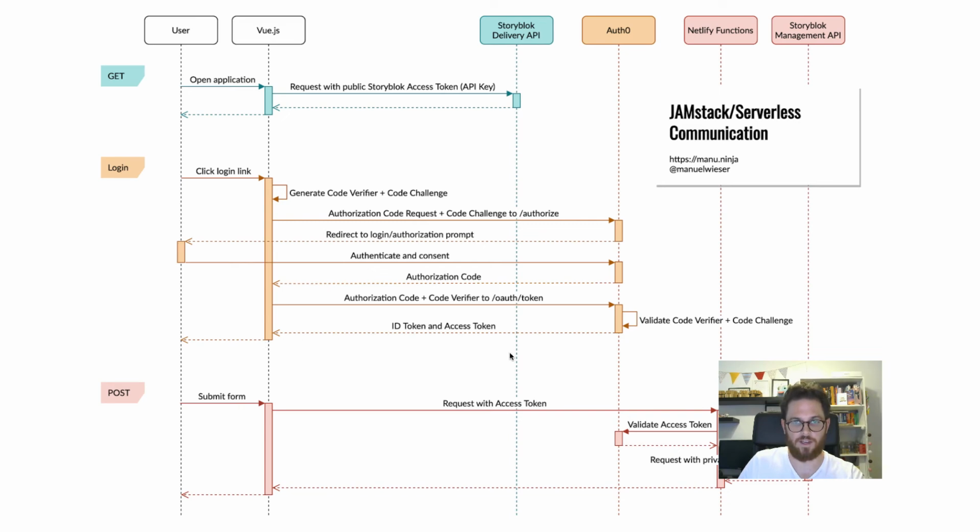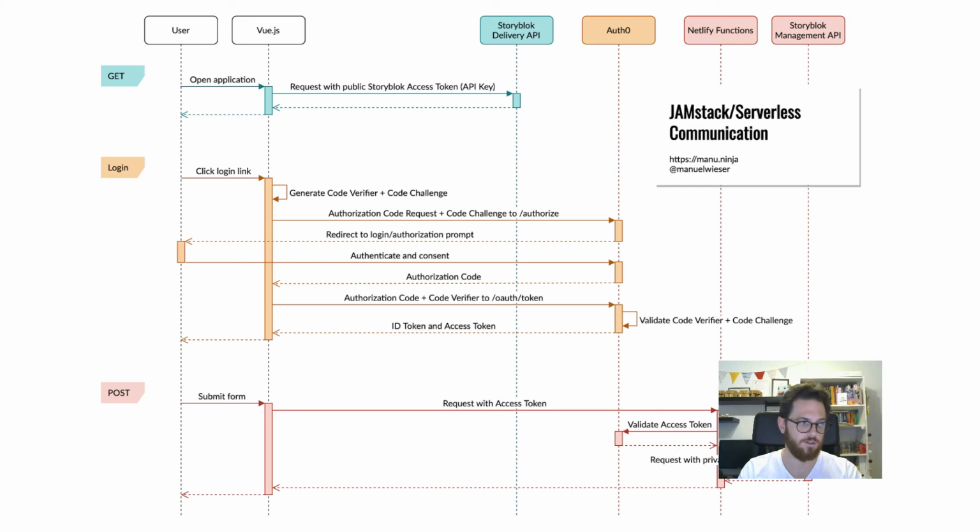Now, with the access token, you have a token that you can store in your application, and you can always use the access token to get information about your user from Auth0, which is cool.